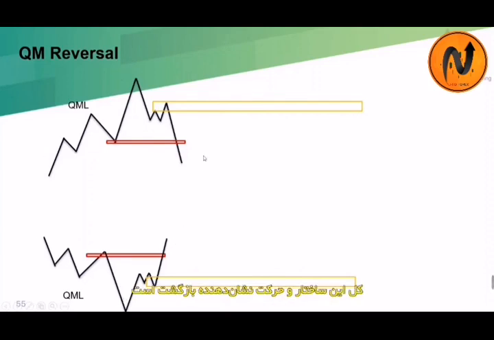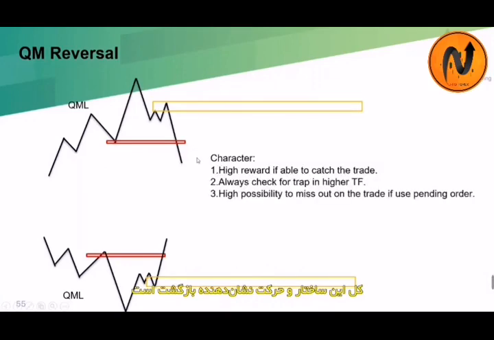So the whole price action is reversing. The character of this kind of reversal is that it has a higher reward because you catch it on the top, if you're able to catch it. But the risk is definitely higher because you are catching from the reversal.